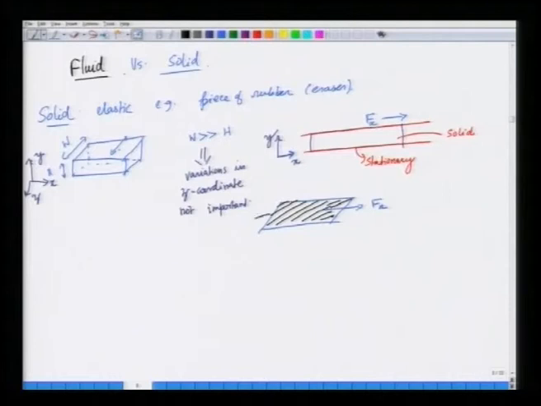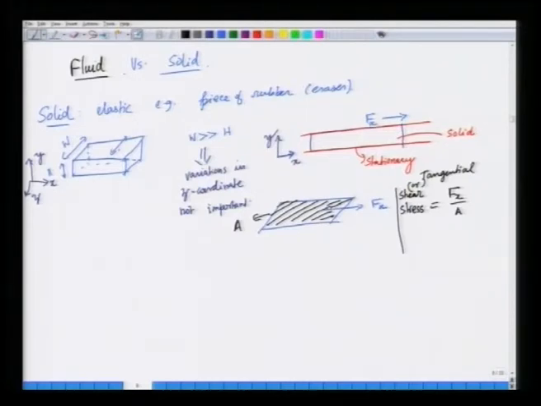And if the area of the top surface is A, then this Fx by A is called the stress. Okay. Now, one normally distinguishes between two types of stresses. This is called the shear or tangential stress, because this is tangential to the surface on which the force is acting.